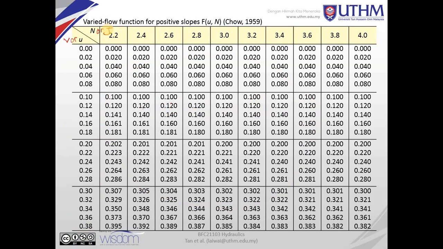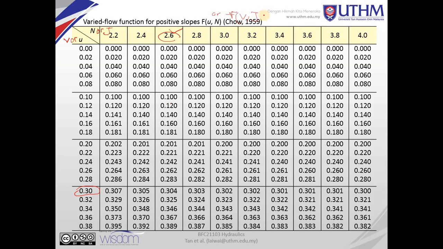So 0.3 for the v or u parameter is located here, and say that the n or j parameter calculated from their formula, we found that its value is 2.6 here.